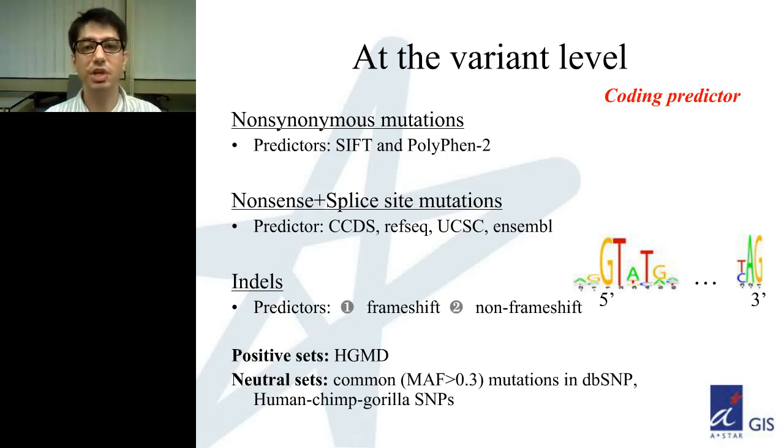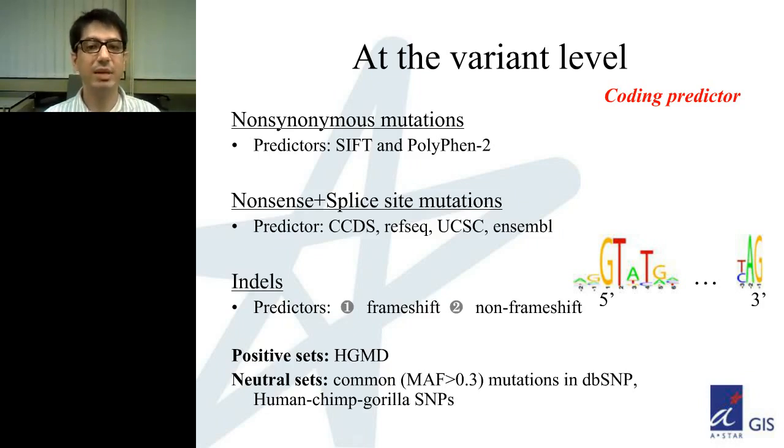For non-synonymous mutations, we use SIFT and PolyPhen, and we combine the predictions of these 2 methods. For splice site mutations and nonsense mutations, we use the aforementioned 4 databases to define these loci. For indels, we further subdivide them into 2 categories, as either frameshift or non-frameshift. If they are non-frameshift, we also look at the importance of that site.